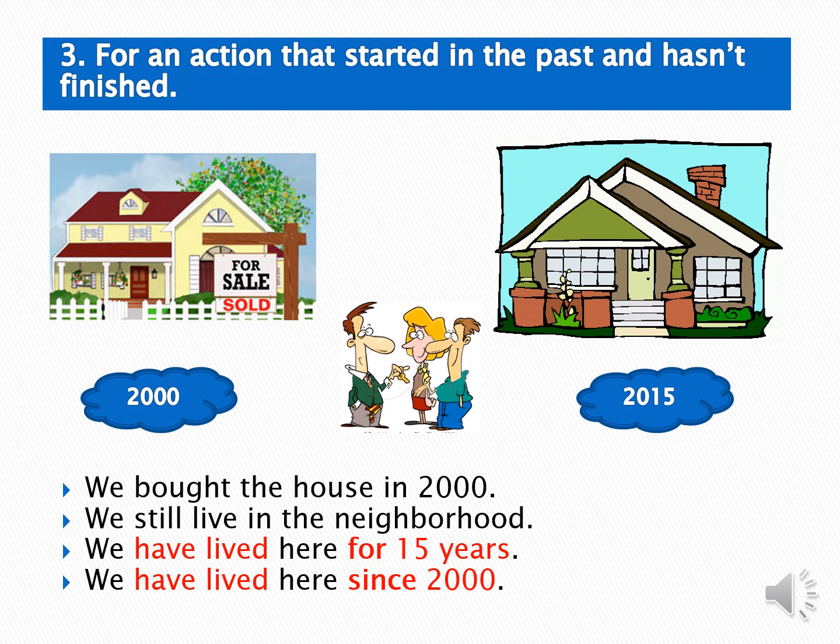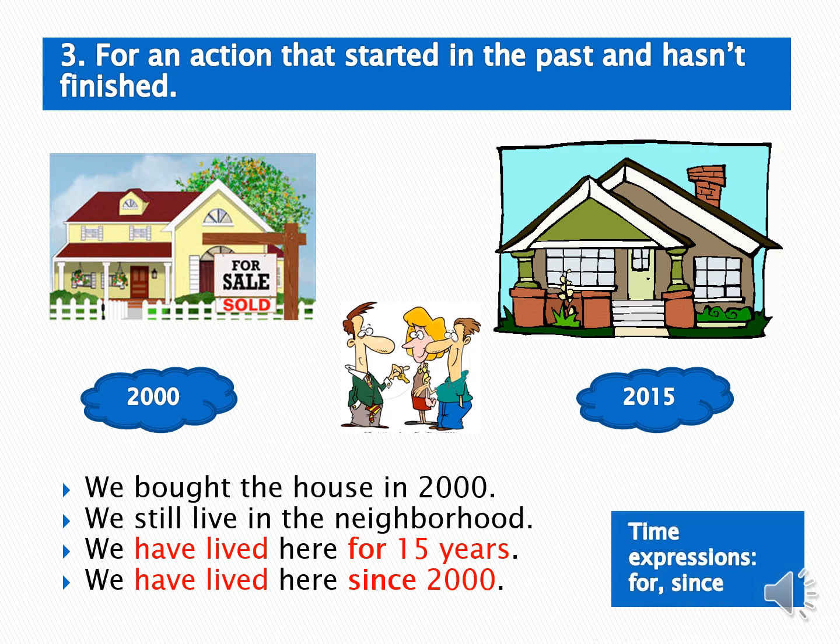Now we still live in the neighborhood. Imagine that now we are in 2015. So we can say we have lived here for 14 years or we have lived here since 2000. Time expressions that are used for this function are for and since.